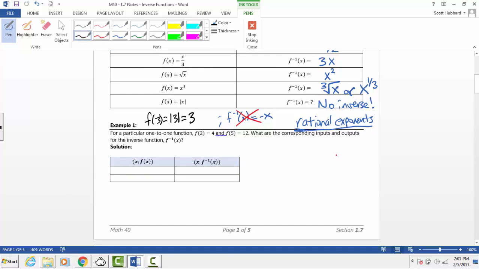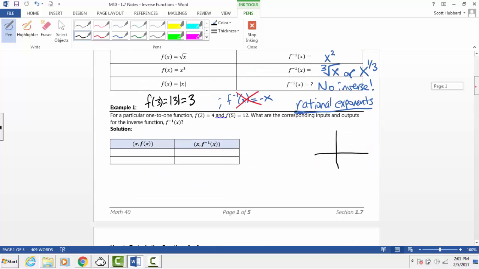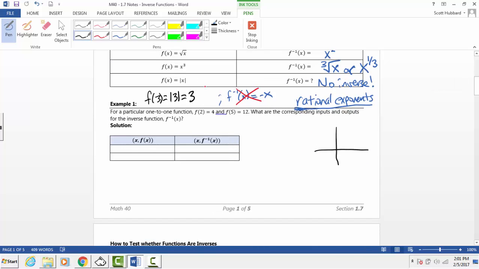Really quickly, the easy way to tell if something has an inverse, spoiler alert, I'm getting to later on, is that it does not have an inverse if it's not 1-to-1. The graph of absolute value of x is not 1-to-1.